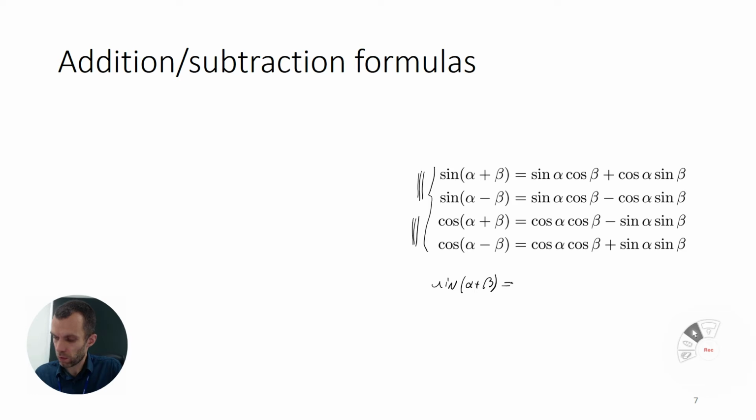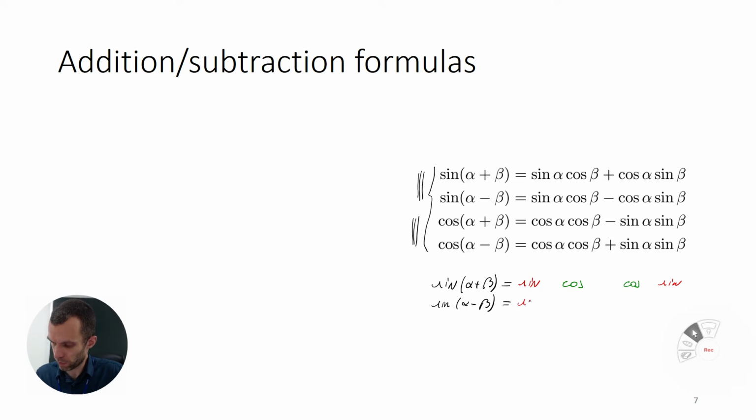Here, what you end up seeing is that it's always, and let me put sine and cosine in two different colors, sine, cosine, and then cosine, sine. And that's the same thing for alpha minus beta.